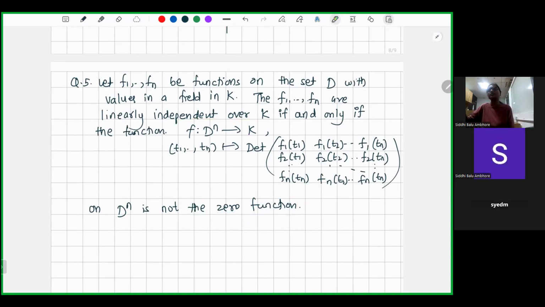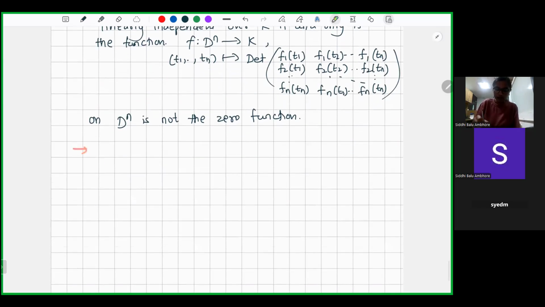So the zero function is a function where everything is mapped to zero. They are saying that f1 to fn are linearly independent over K. This means there is no linear combination of f1 to fn in K that will give me the zero function.